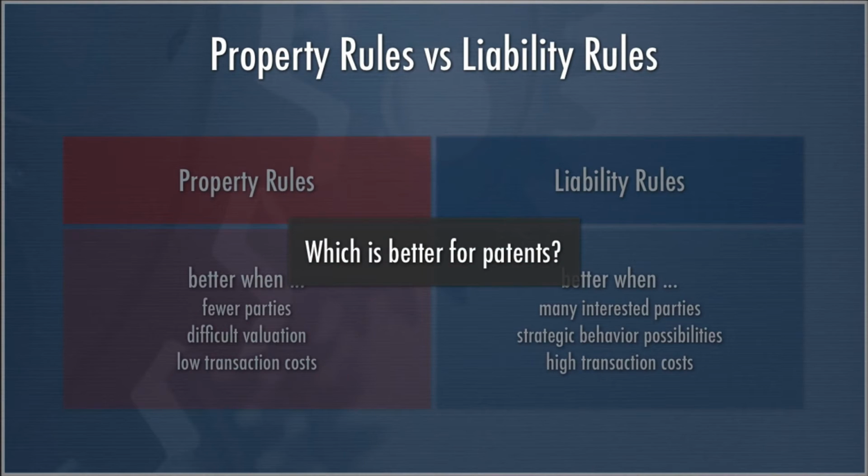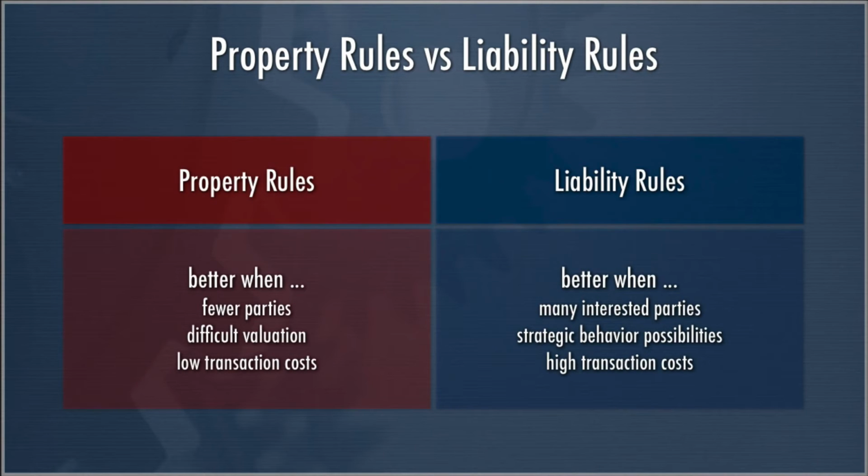So the big policy question here is what's better for patents? And this is the subject of a huge amount of debate, because patents certainly have characteristics that fall into both of these columns. A lot of patent cases just involve two parties. It's very clear that patents are extraordinarily difficult to value, which might tilt towards a property rule regime. On the other hand, there are a lot of patent cases, and increasingly so, where there is more than one interested party involved, right?